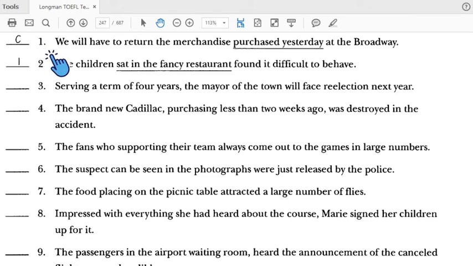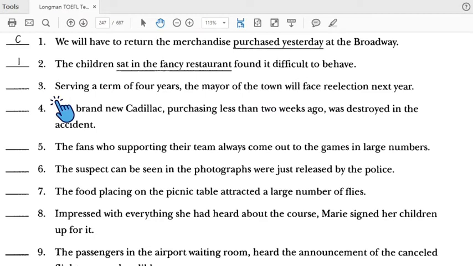Number two, the children sat in the fancy restaurant, subject, directly a verb. So the rest is which set in the fancy restaurant, which found difficult to behave. So there, which is not the right meaning, so number two is incorrect. Yeah, it's reduced but it's not the right meaning.